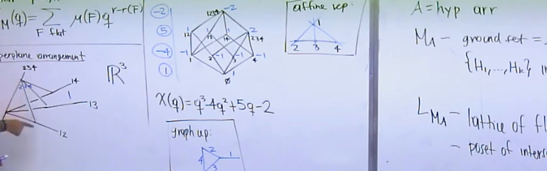Why didn't I put this one in my intersection poset? It's not an intersection of anything. This is just a visual aid, so you guys see the 3 dimensions here. But this is just some random line that I drew on this plane. It's not an intersection of the other guys. Okay. Finally, when I intersect all of them, 1, 2, 3, and 4, I get this point right here.